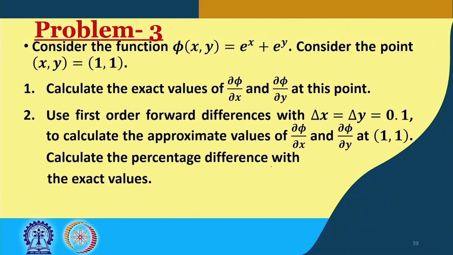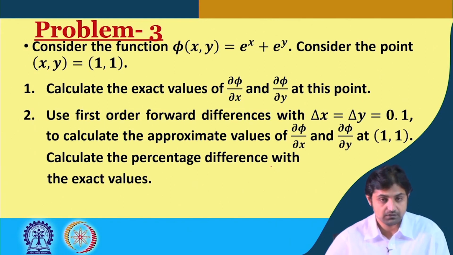So it says that consider the function phi of x, y as e to the power x plus e to the power y, and we have to consider the point x comma y as 1 comma 1. We have to calculate the exact values of del phi del x and del phi del y at point 1 comma 1.